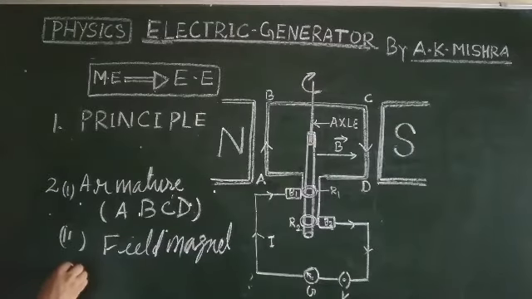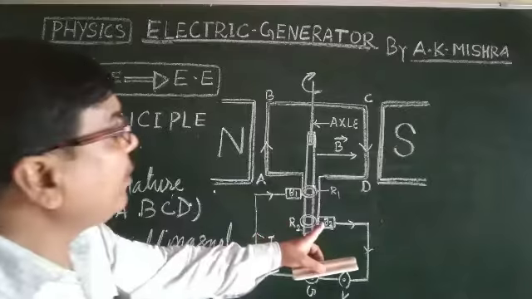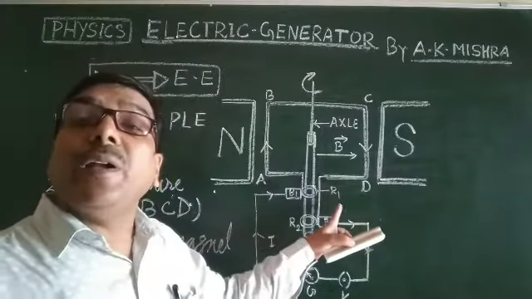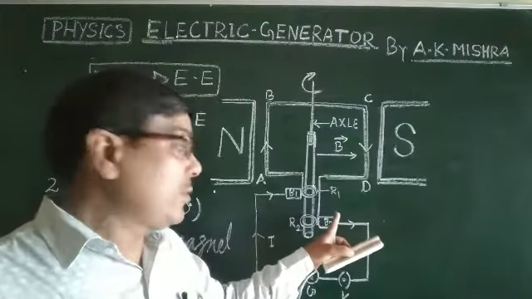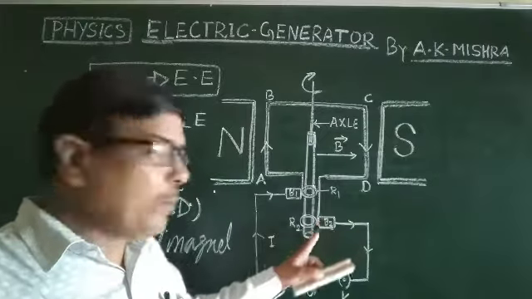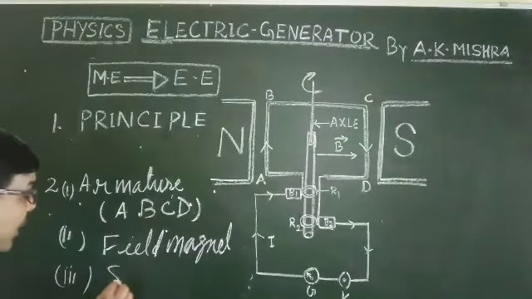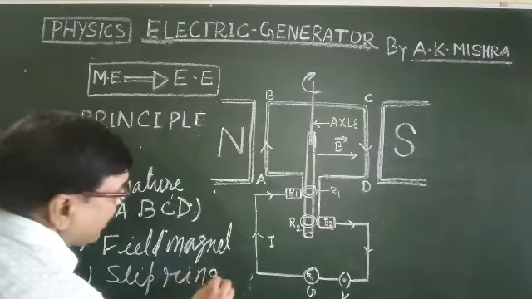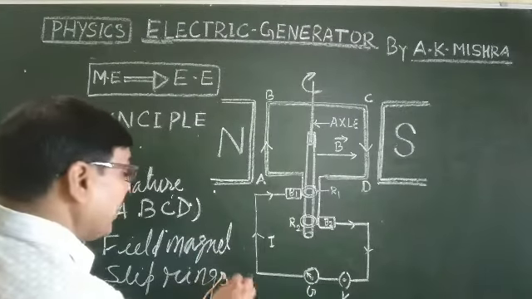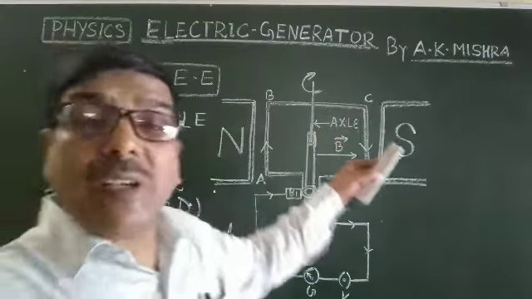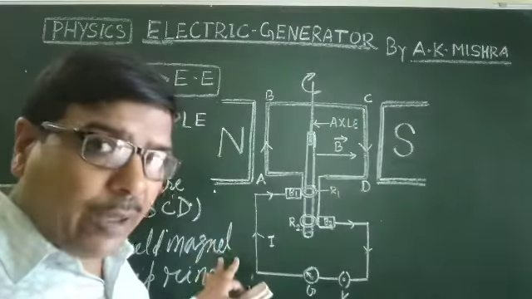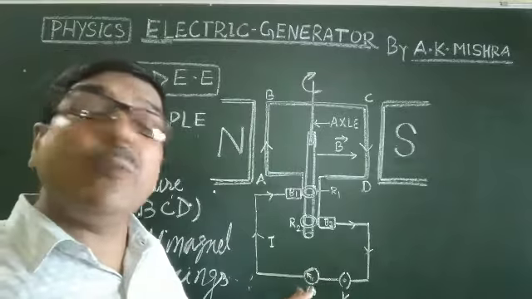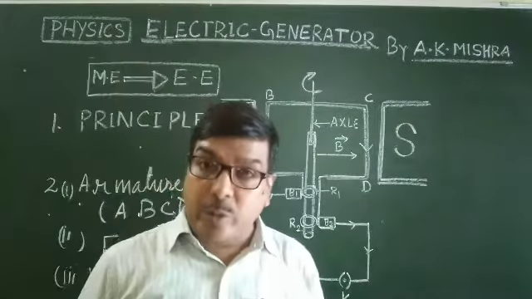The third part is two slip rings. In AC, slip rings are used, and in DC, split rings are used.